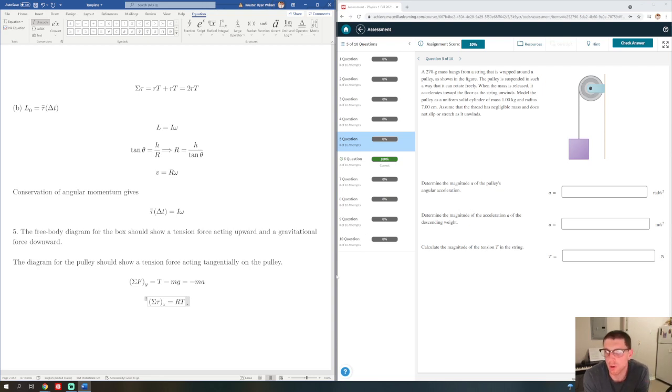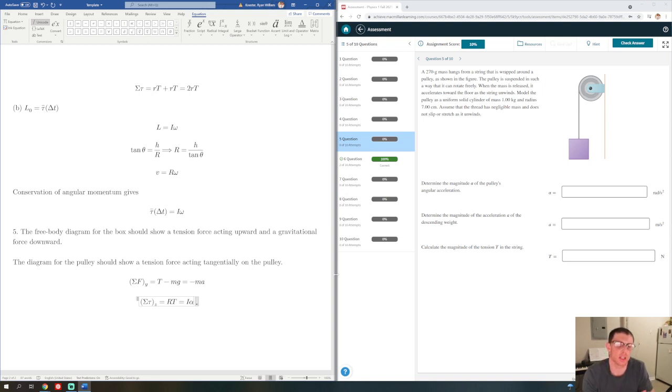But this definitely will make the pulley tend to rotate counterclockwise, which is our positive direction for rotations. And then we remember that we want to set this equal to I alpha. There we go. And they tell you to model the pulley as a cylinder. Probably nothing surprising about that. So you just plug in the 1/2 mr squared for I.